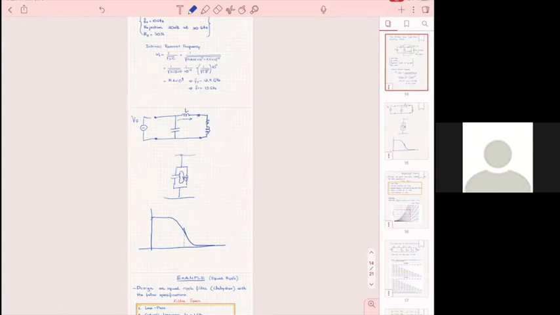In this case, less is lost in the resistor, and more in this inductor, which is the load inductor, which with this capacitor and then the other inductor of the filter will create a stronger resonance. So if you were to put this filter into this load, then you could have seen something like this.